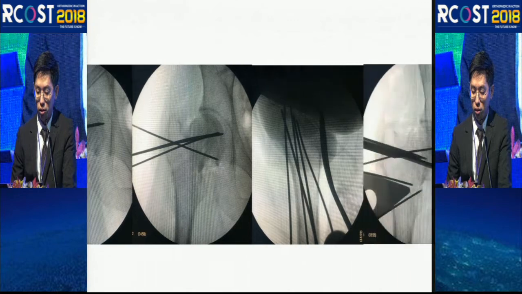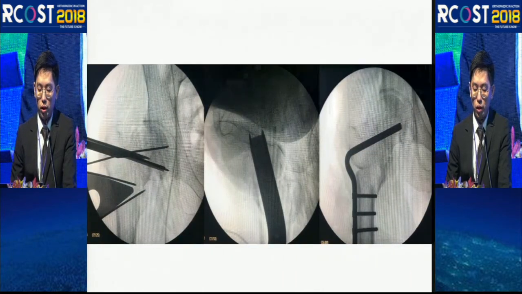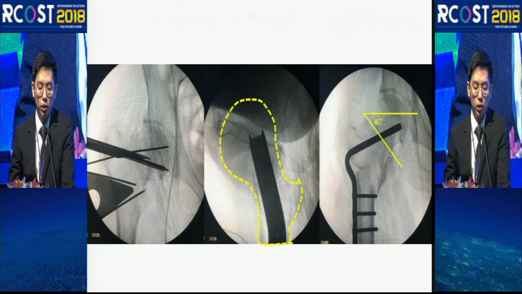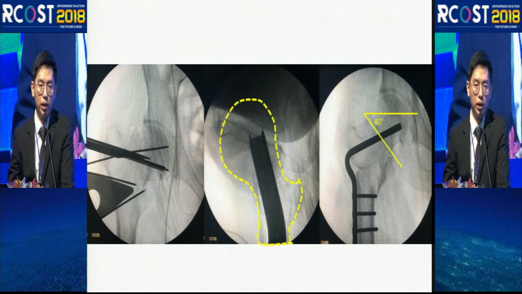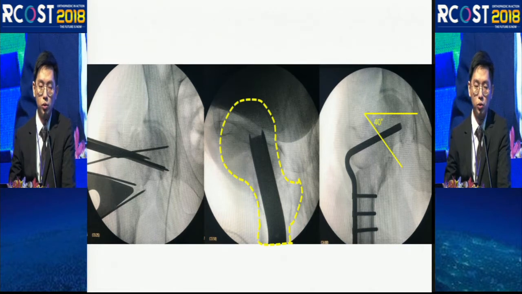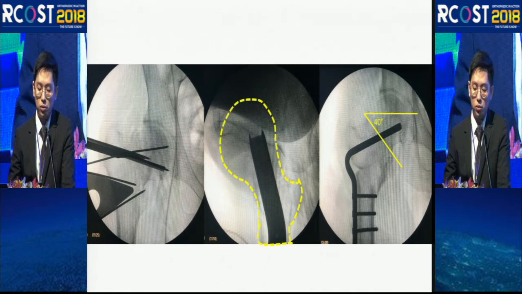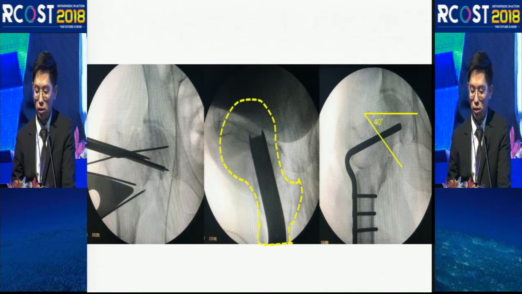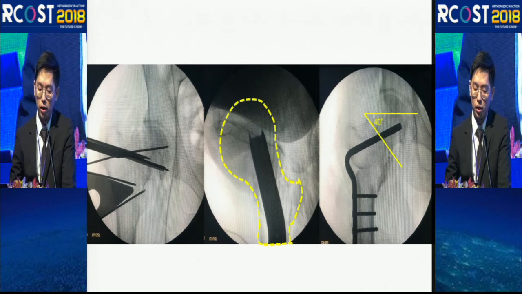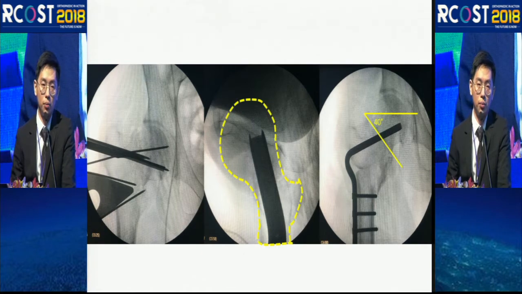So what we did was apply the angled blade pointing to the posterior part of the femoral head, while we tried to maintain the anatomical alignment of the femoral neck. After we performed it, we could see that the fracture angle was about 40 degrees after reduction and application of the angled blade plate.